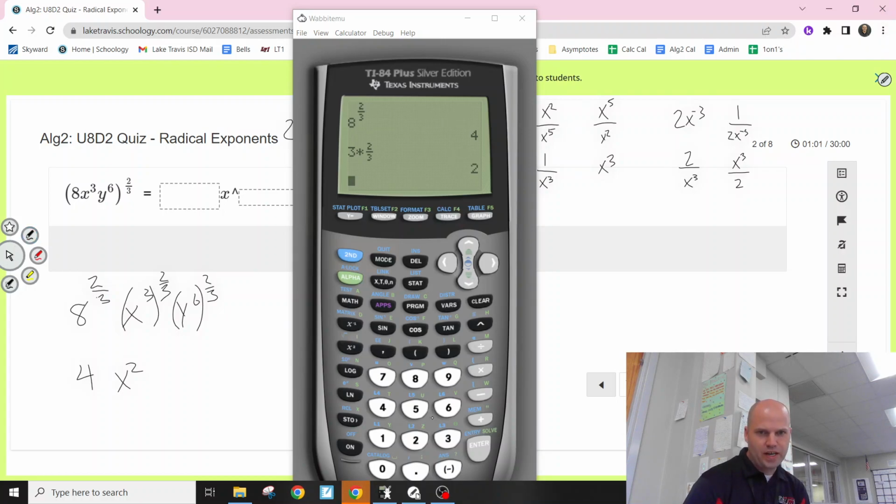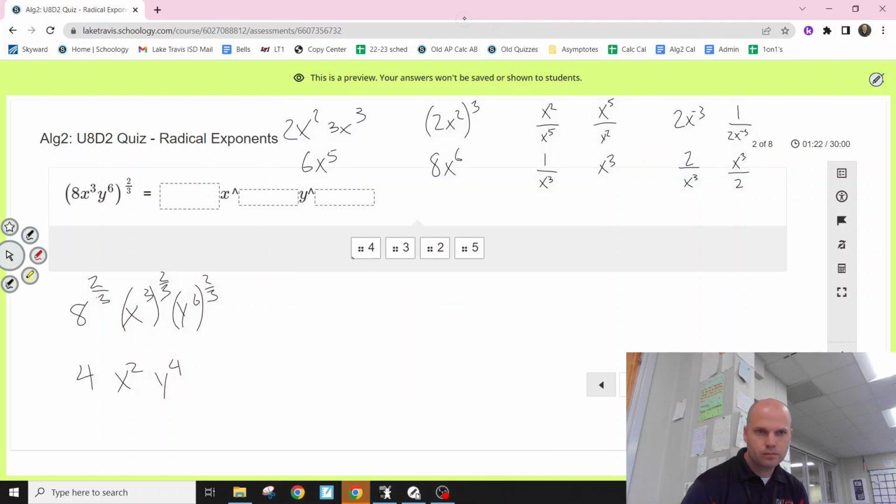I'm going to do 6 times 2/3 to get 4. Okay, that's the key to exponent rules. Numbers can be typed in as you see them. Use exponent rules to help you figure out what to type into your calculator for those. So 4x squared y to the 4th.